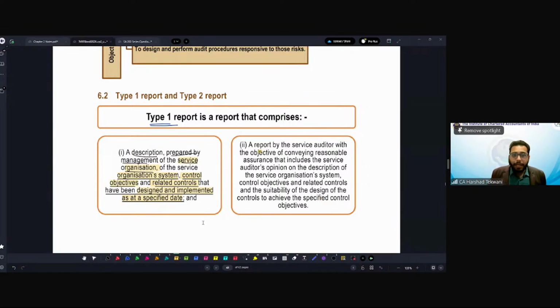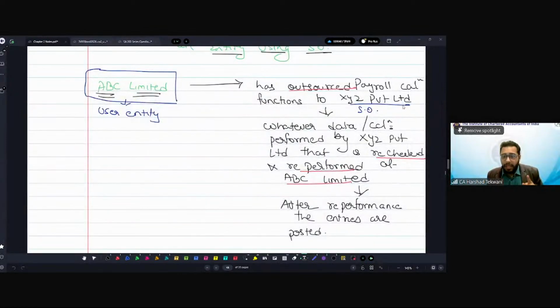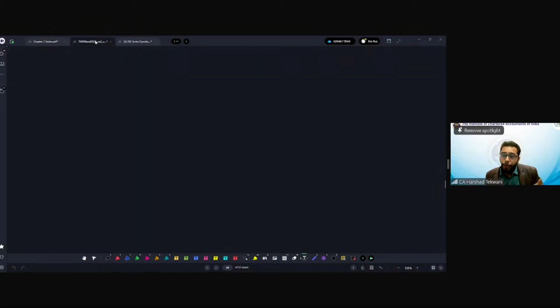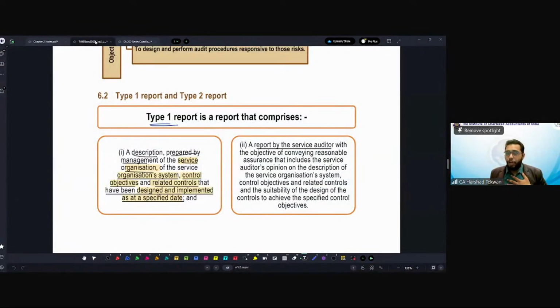The second thing is a report by the service organization's auditor, that is the service auditor. In this example, XYZ Private Limited was the service organization, so a report from whosoever is auditing XYZ Private Limited. I am the auditor of ABC.